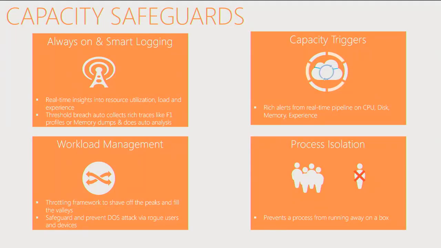This has been very, very helpful for us to cap runaway processes, and it does a lot of self-healing actions based on that. Of course, we collect things like VSTS profiles when the process runs away, but it also gives a cap so that other processes are not starving because of this single process going nuts.